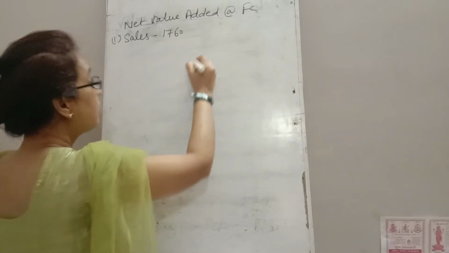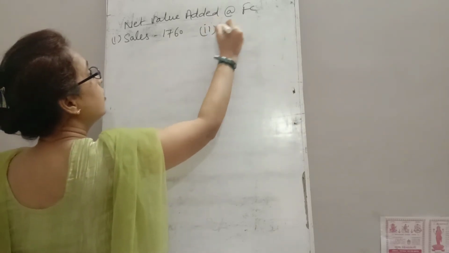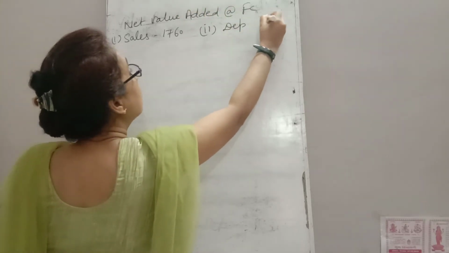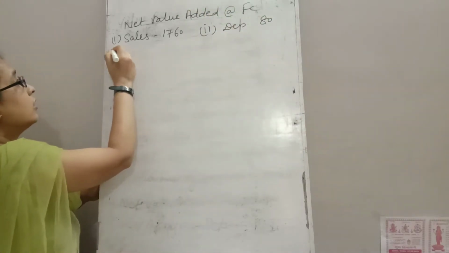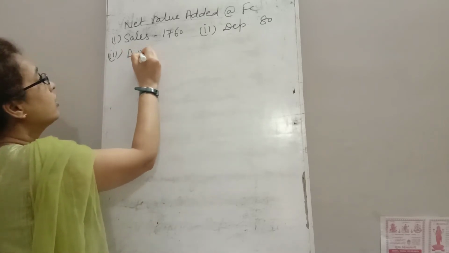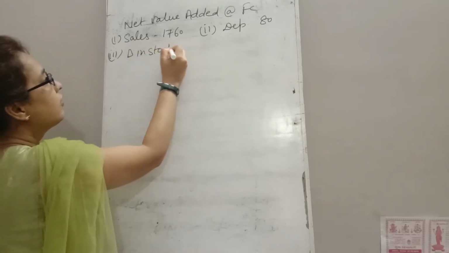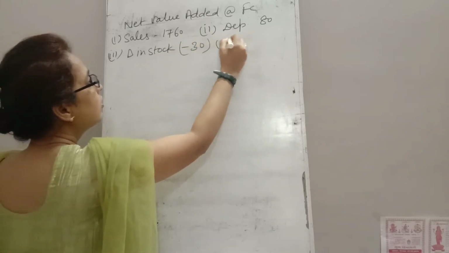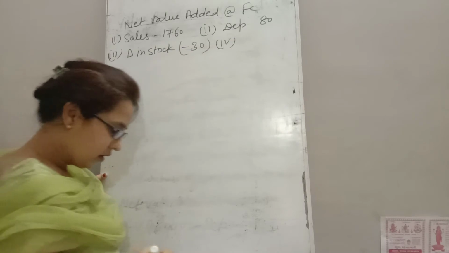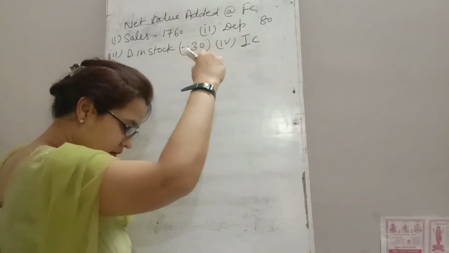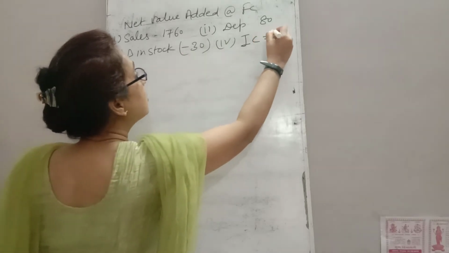Second, they have given depreciation, that is 80. Third, they have given change in stock. Here change in stock they have given minus 30. Fourth, they have given intermediate consumption, IC, which is 1000.